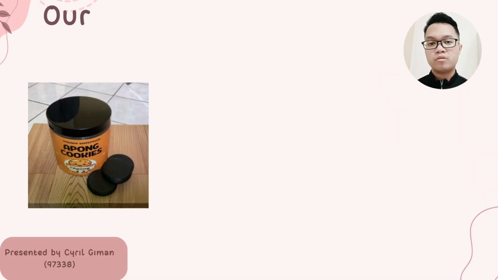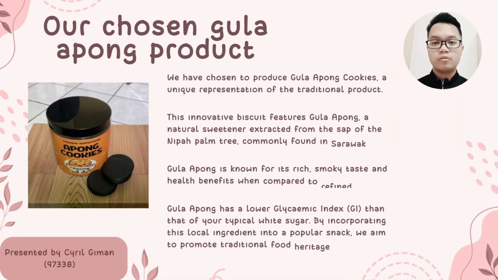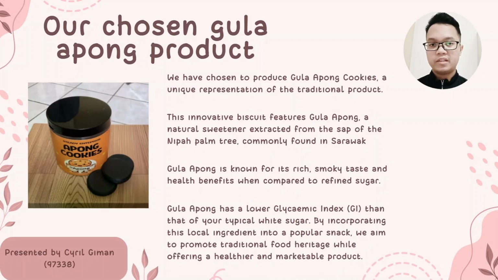Next, let us discuss the findings of our chosen product, which is the gula apong biscuit. This innovative biscuit features gula apong, which is a natural sweetener extracted from the sap of the nipah palm tree, which is commonly found in Sarawak. So why do we use gula apong instead of white sugar?